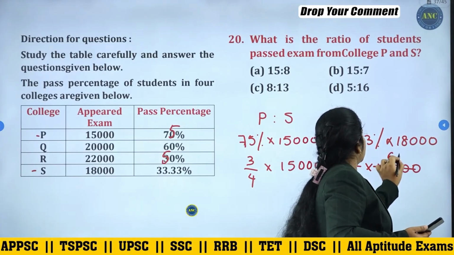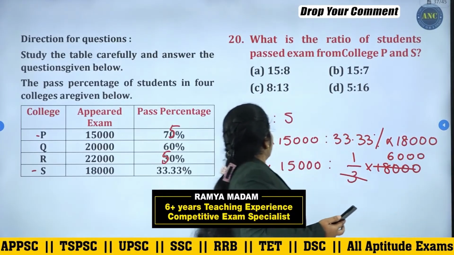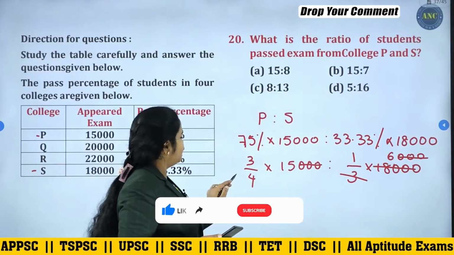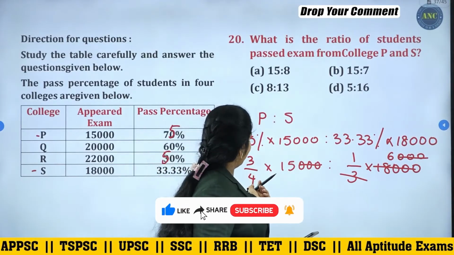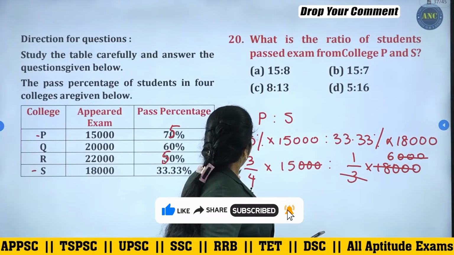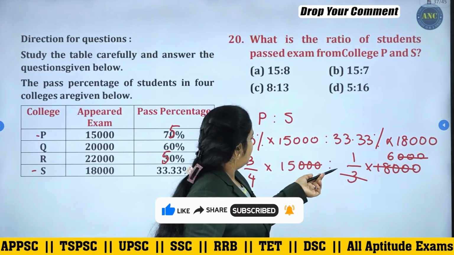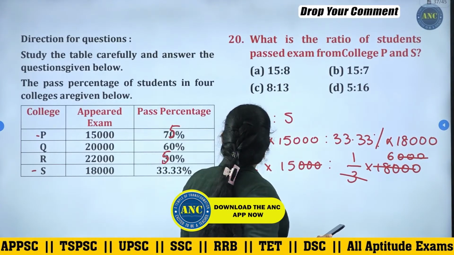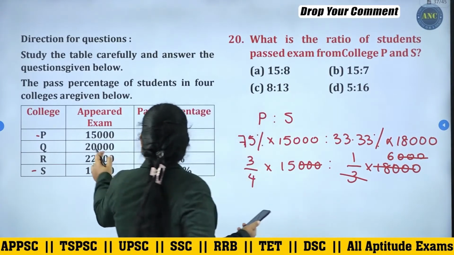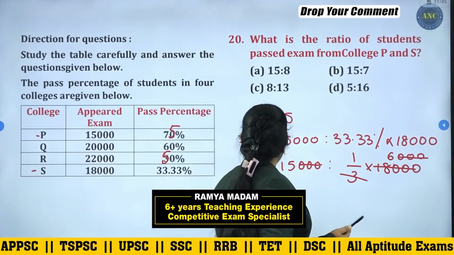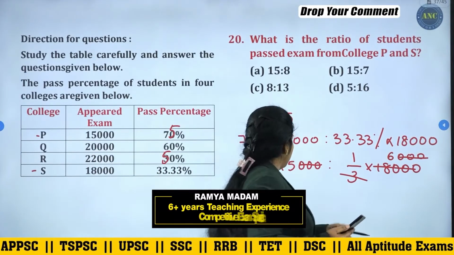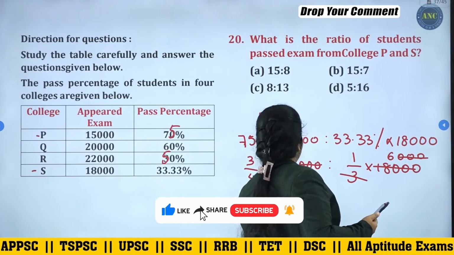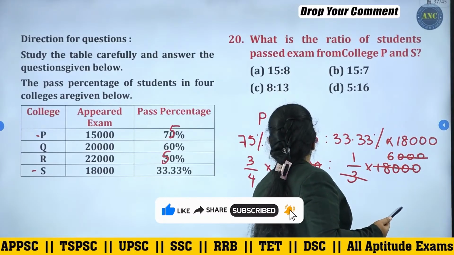3 6s are 18. You can cancel these 3s here. What else is remaining? 3 by 4 into 15 is to 6. So 45 is to 24.